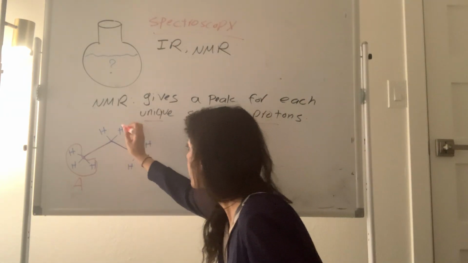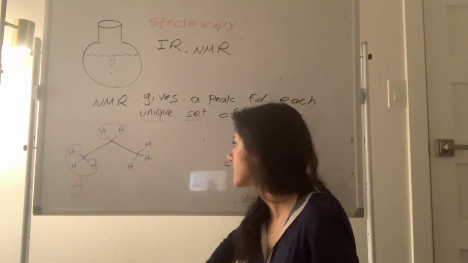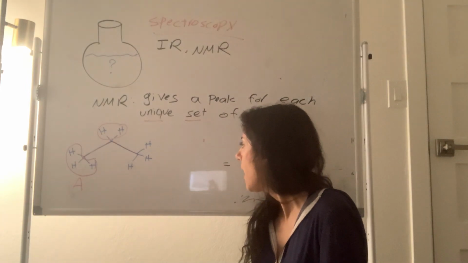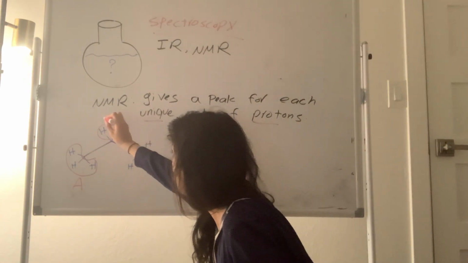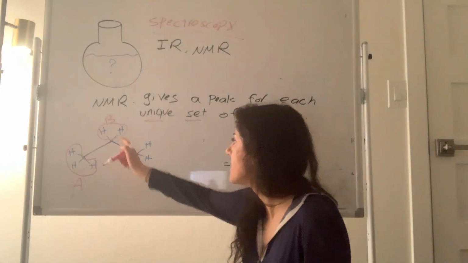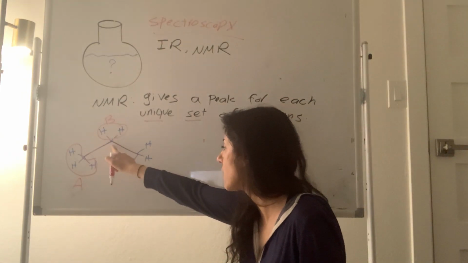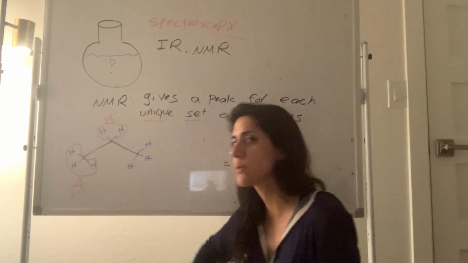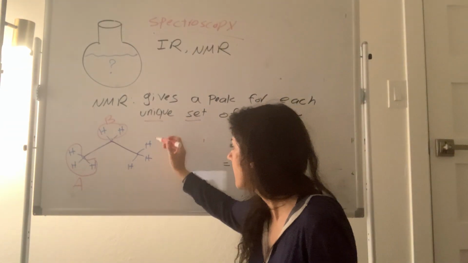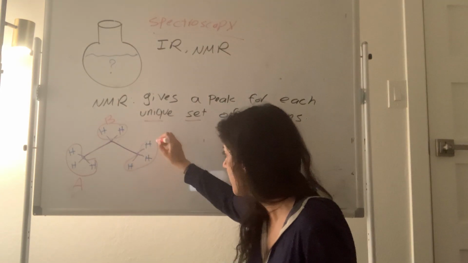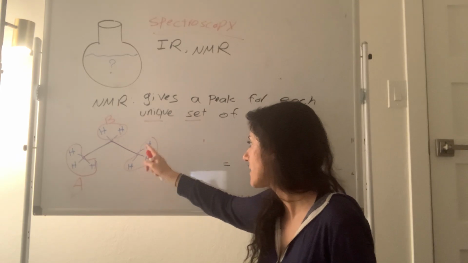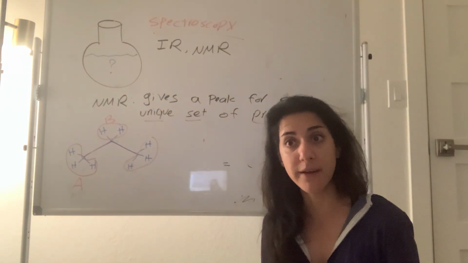I want you to come over here. I have two hydrogens here that are attached to the same carbon, okay? That is another set of unique protons. These two hydrogens are attached to this carbon, and this carbon is attached to a CH3. So far, so good? Okay. Now, over here, I have three hydrogens. These are all attached to the same carbon, and so these are equivalent to each other.